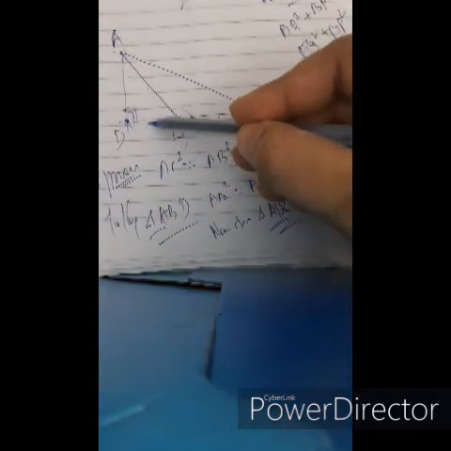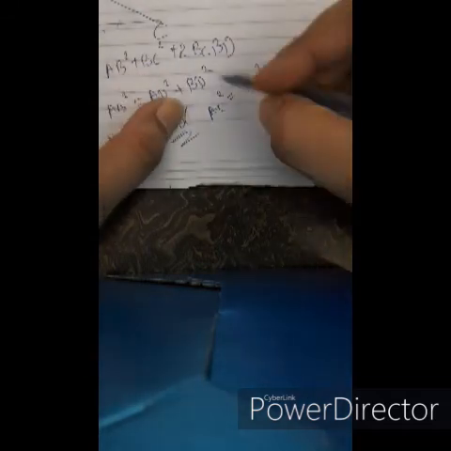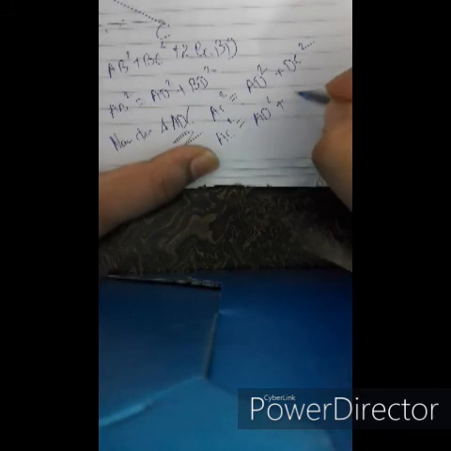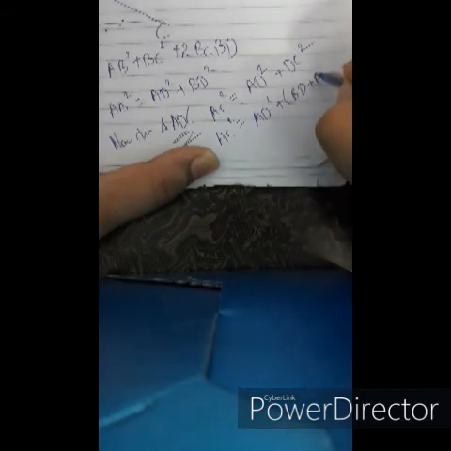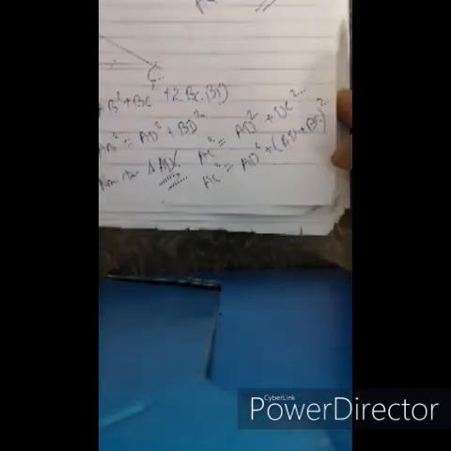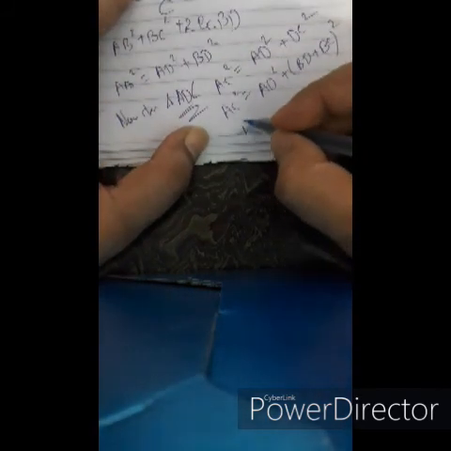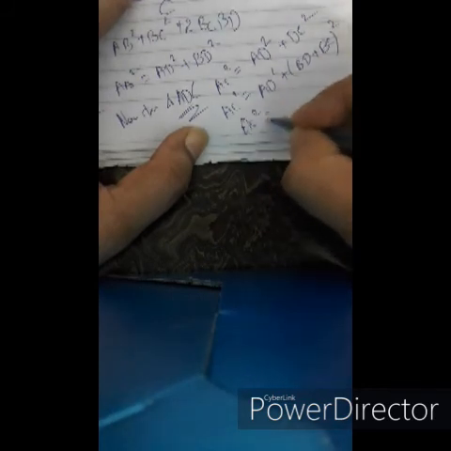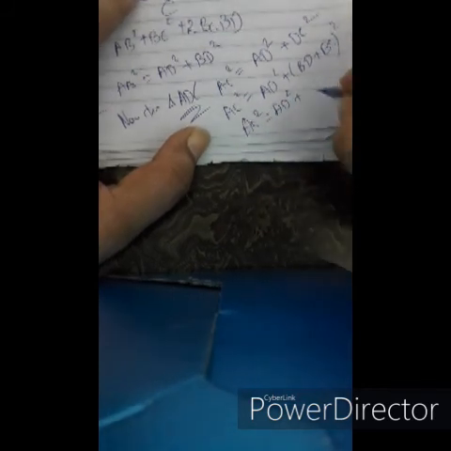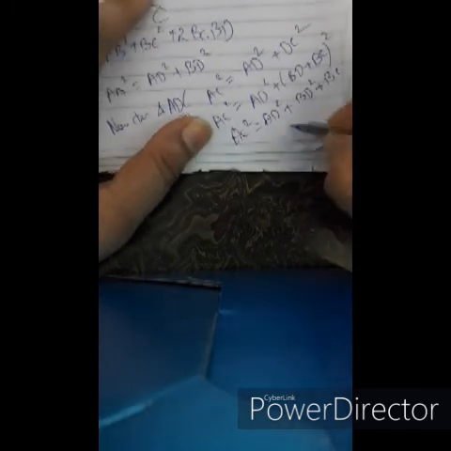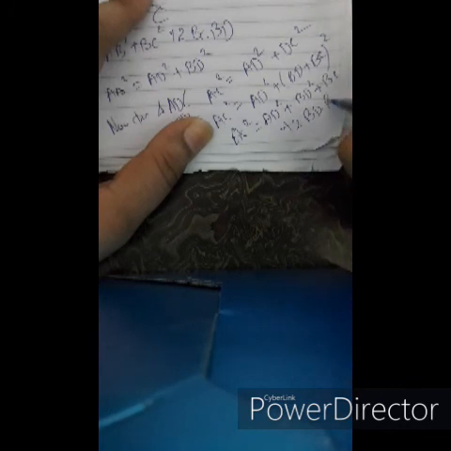DC is BD plus BC, so AC square equals AD square plus BD plus BC whole square. So now breaking it apart, AC square equals AD square plus BD square plus BC square, by the a plus b whole square formula, plus 2 BD into BC.